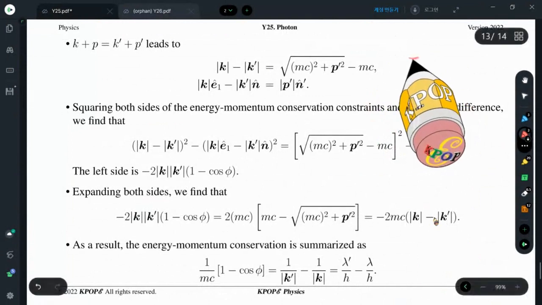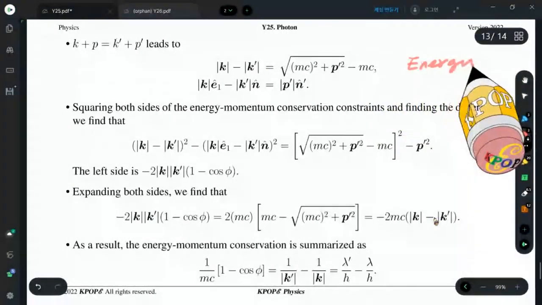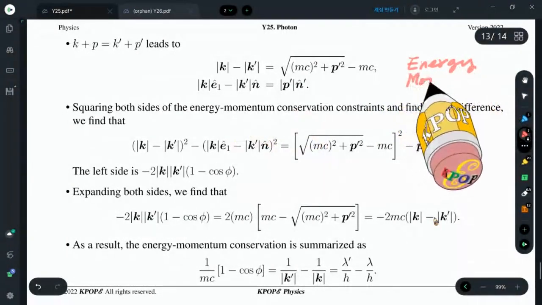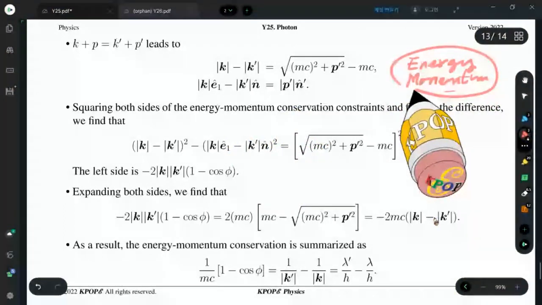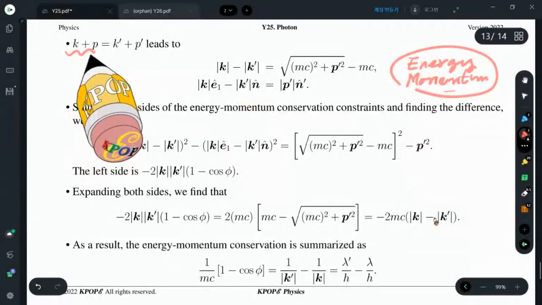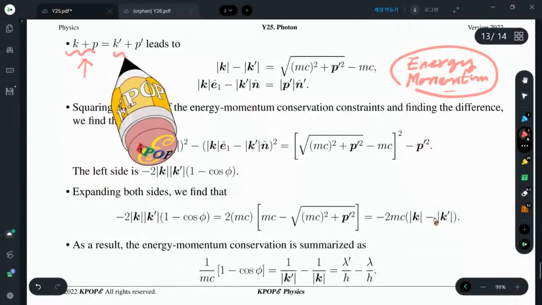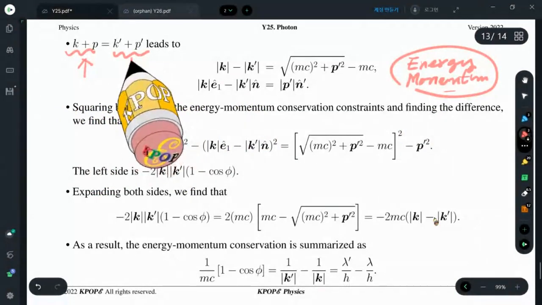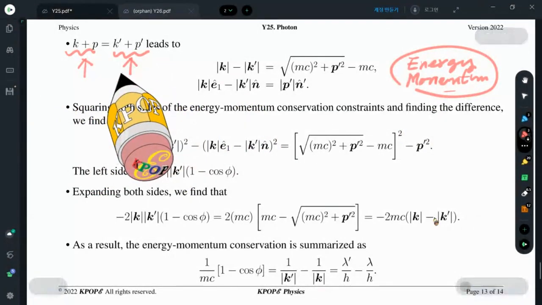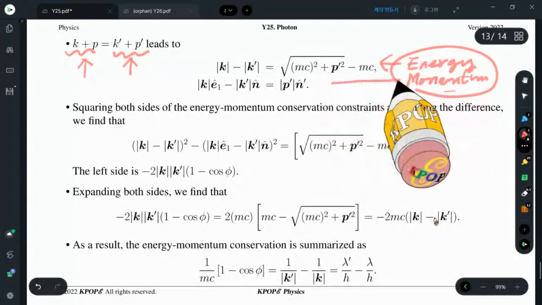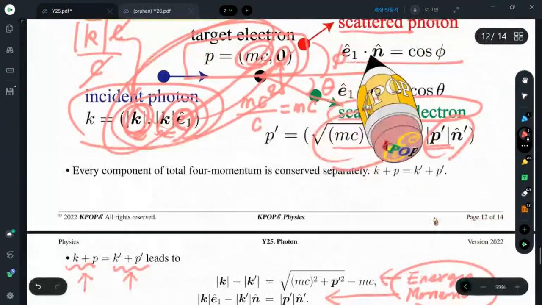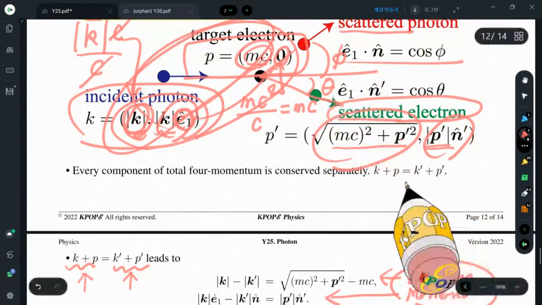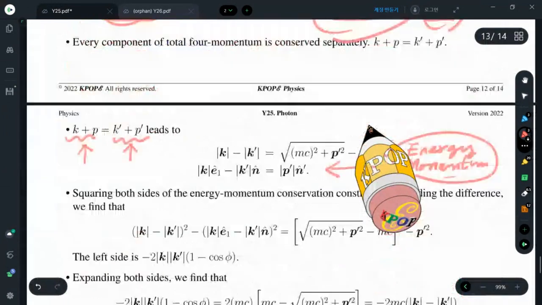This is energy conservation, and this is momentum conservation. So the sum of these four-momenta in the initial state and the sum of these momenta for the final state gives both energy conservation and linear momentum conservation. And we know how to compute the scalar product among these three unit vectors.